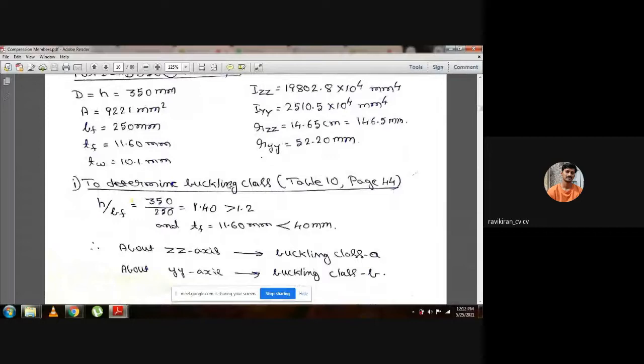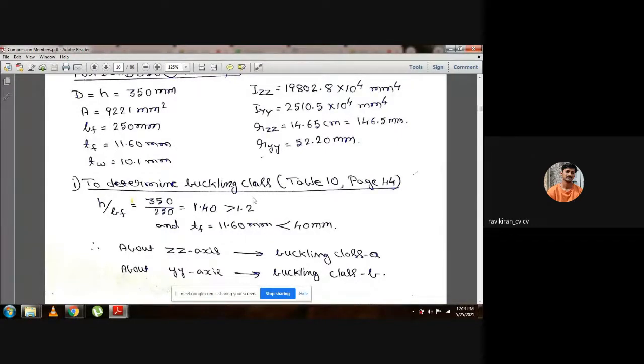And next, to determine the buckling class, open page 44, Table 10 from IS 800. You can see on the left side the cross sections of different elements, that is I section, circular section, or angle. Same way, in the right columns, limits, buckling about axis and buckling class. All these are given in Table number 10.